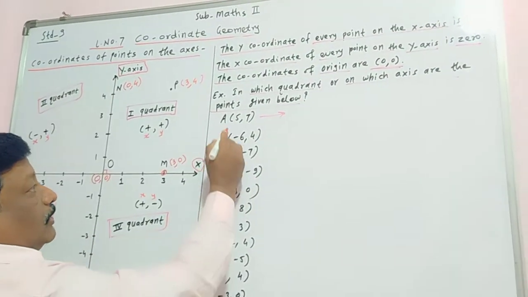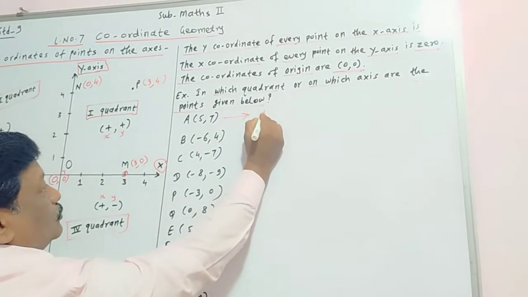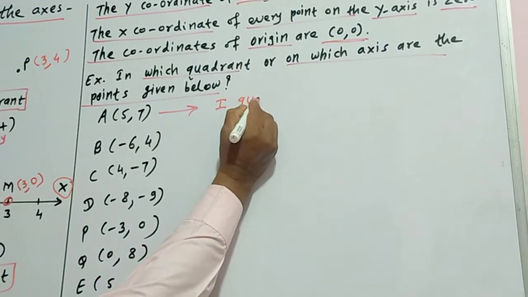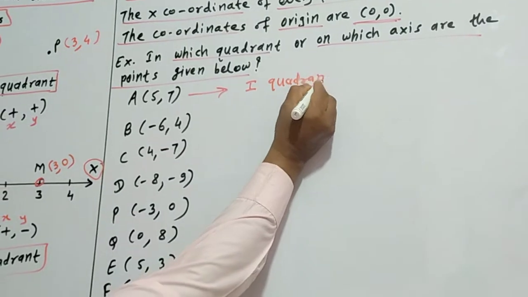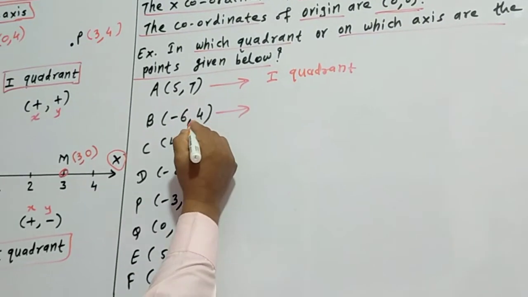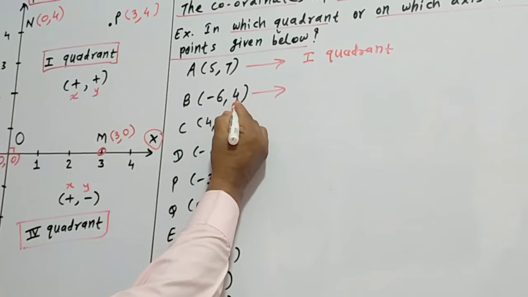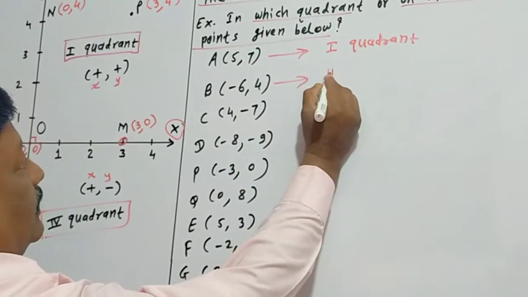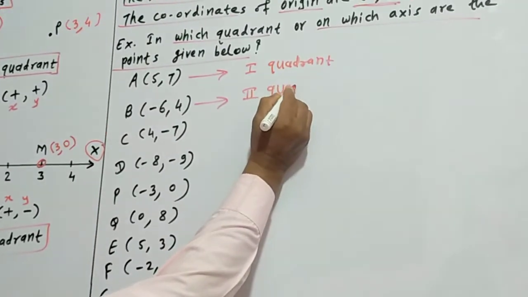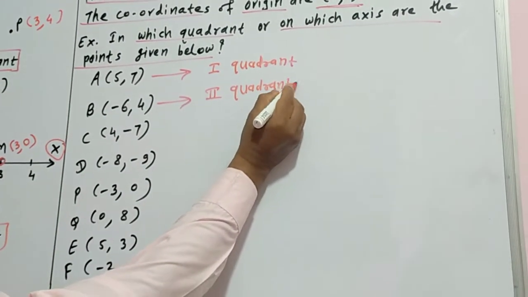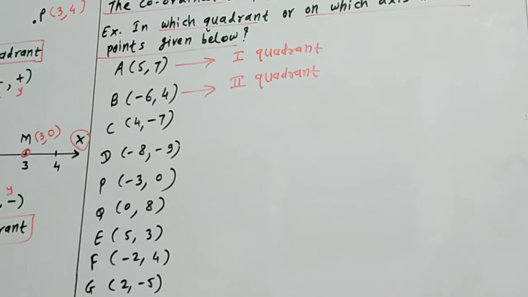A (5, 7). Here both coordinates are positive, so it is in the first quadrant. Then B (-6, 4). Its x coordinate is negative and y coordinate is positive. That's why it is in the second quadrant. Then C (4, -7).